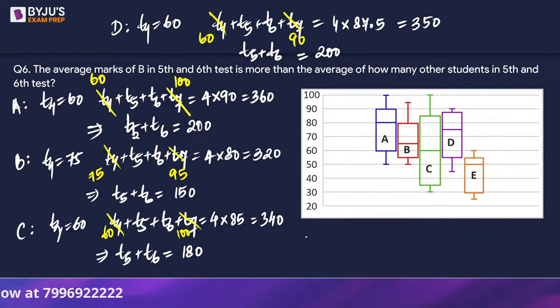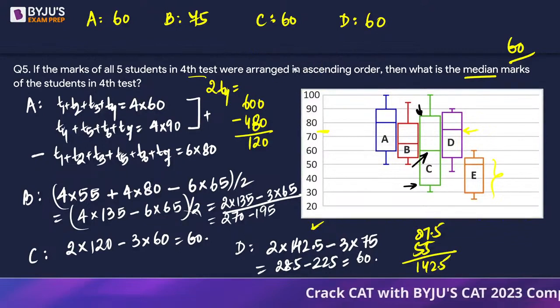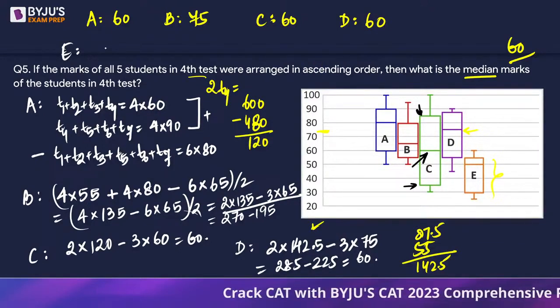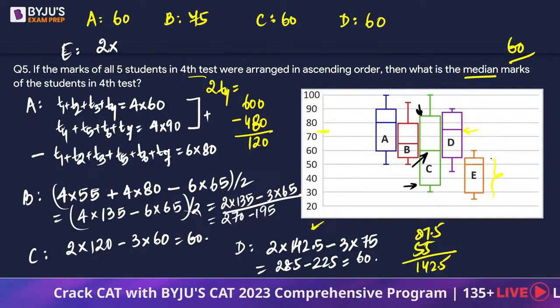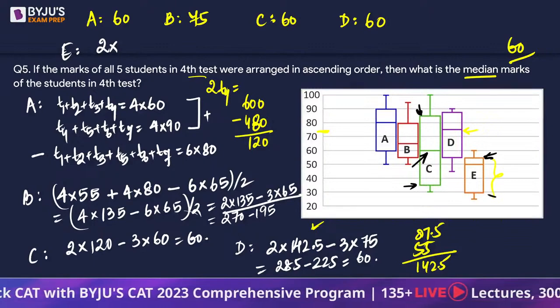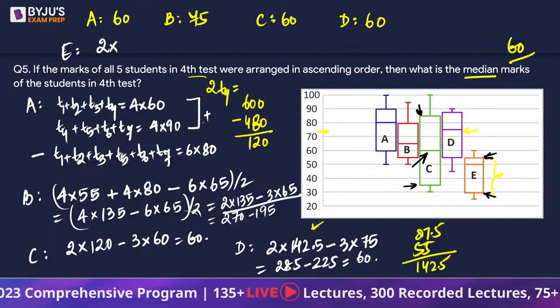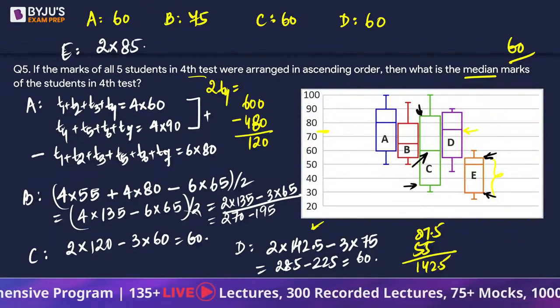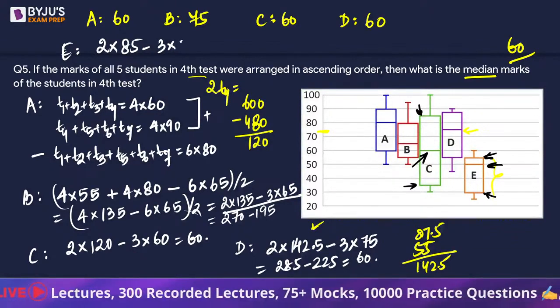Okay, let's look at E now. E का fourth, we did not calculate this in the fourth test, how much did it get? So let's solve it here. So for E, this was going to be 2 times the top value and the bottom value, which is 30 and 55, which is 85. So 2 into 85 minus 3 times the middle number, which is 50.